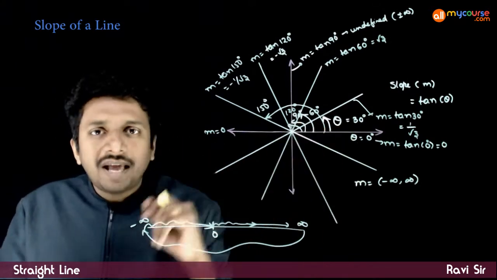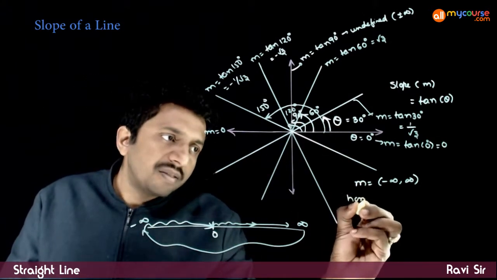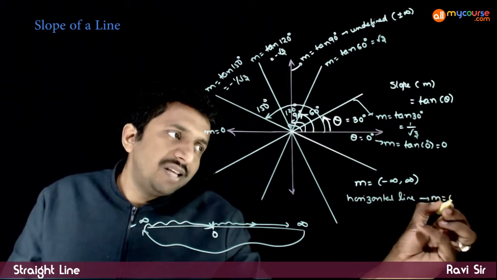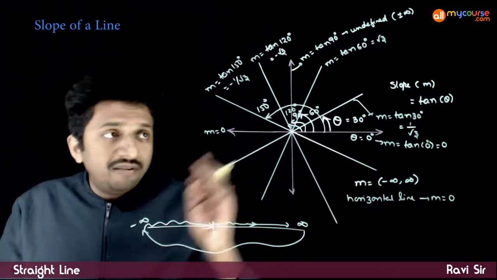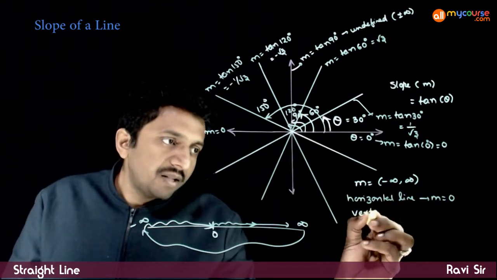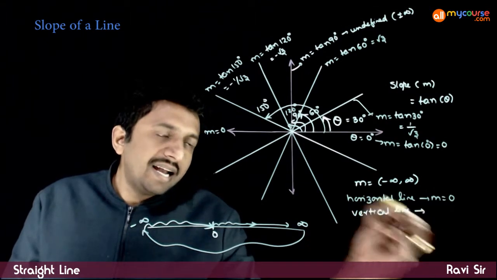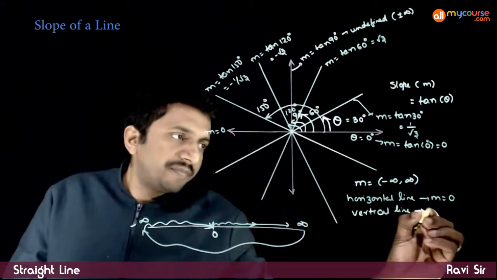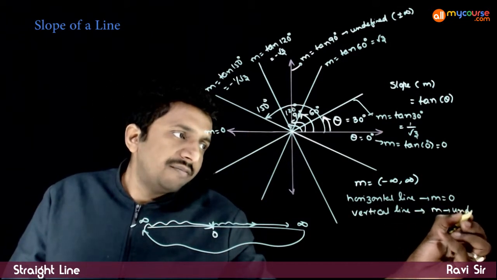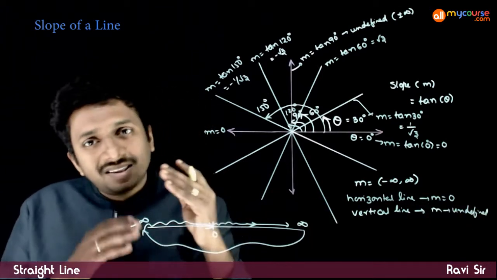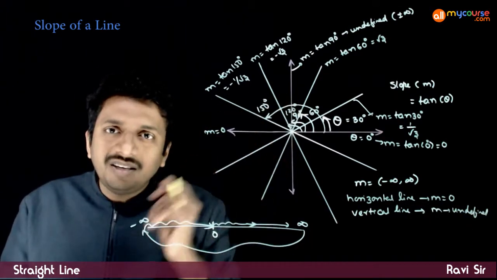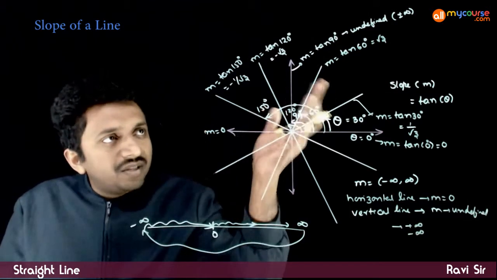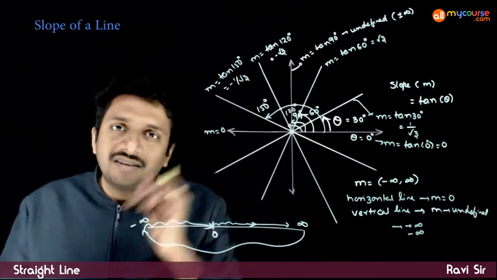If you take a horizontal line, the value of slope is equal to 0. And if you take a vertical line, exactly at 90 degrees, the slope is not defined. But if you look at the limit of the slope, it tends to either plus infinity or minus infinity depending on which side we approach the 90 degrees.